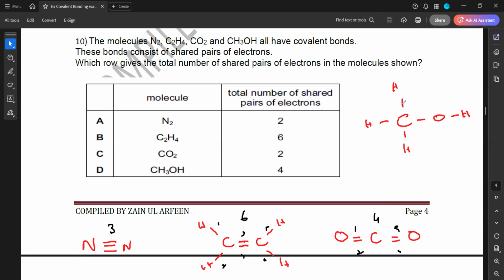For this one, 5 pairs. So each line represents one pair of electrons. For nitrogen it should be 3, not 2. This is correct. For carbon dioxide, it should be 4 pairs of electrons. For CH3OH, it should be 5 pairs of electrons. That's why B is the right answer here.